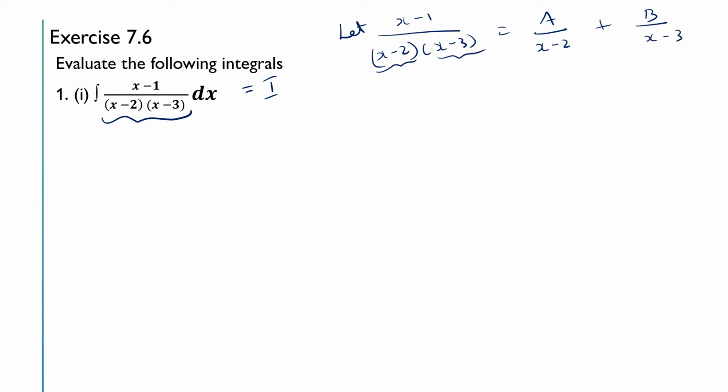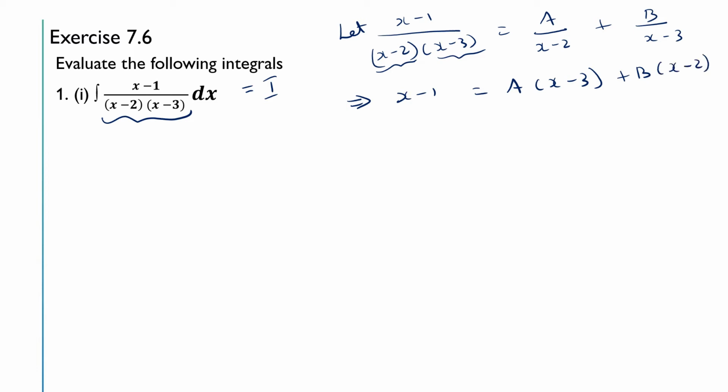So if we take LCM, we will get a into (x minus 3) plus b into (x minus 2) upon (x minus 2) into (x minus 3). So in the left hand side and the right hand side, those two will go. So what we will get is x minus 1 is equal to a into (x minus 3) plus b into (x minus 2).